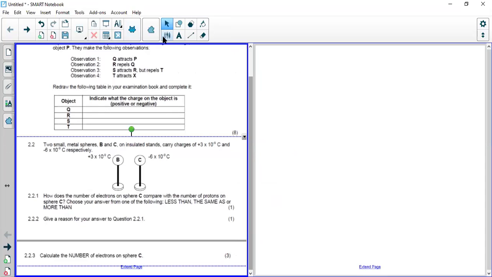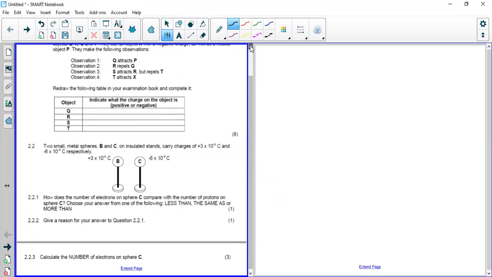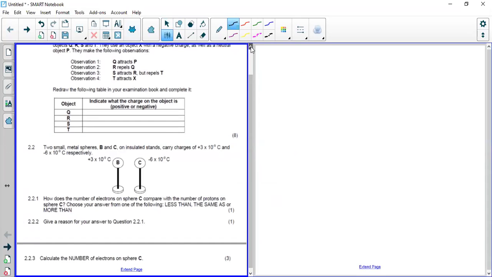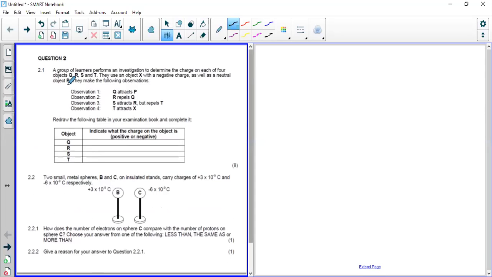Okay, so this question here says a group of learners perform an investigation to determine the charges on each of 4 objects.